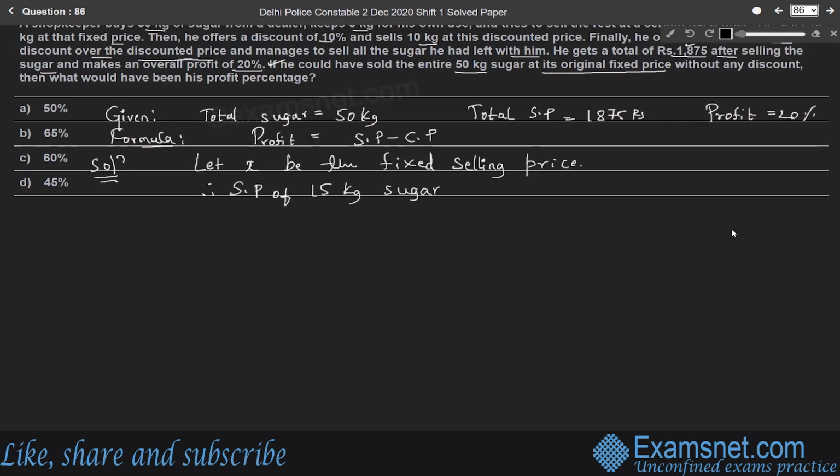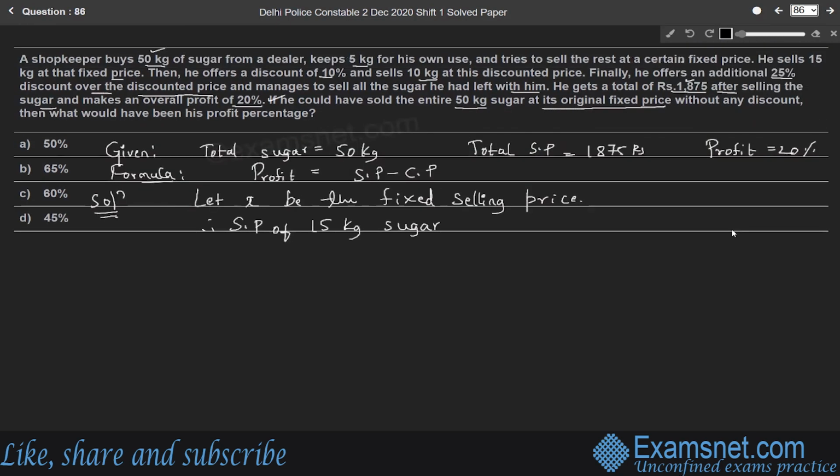In the question, shopkeeper buys 50 kg sugar and he keeps 5 kg for his own use, tries to sell the rest at a certain fixed price. He sells 15 kg at that fixed price. So here fixed price is X rupees. So selling price of 15 kg sugar is 15 into X rupees, right?